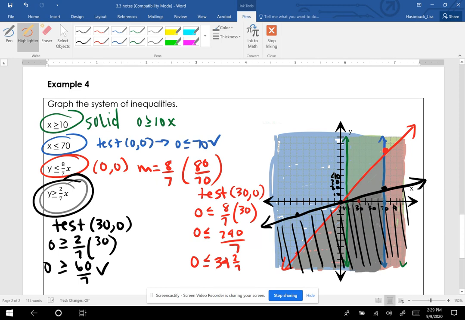Okay, I'm going to make it a little darker so you can see it a little better. It's this entire portion here. There we go. So that would be your solution, is this strip where they all overlap. And that's all you would have to do, is make sure that that shows the darkest region of your shading, and you're done.